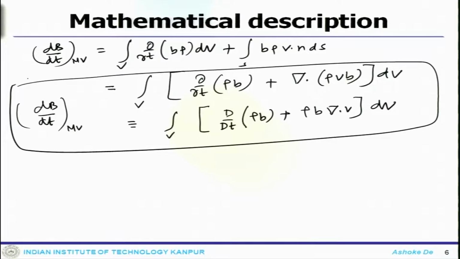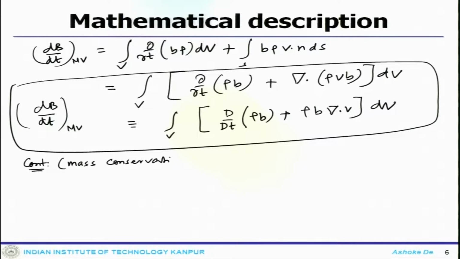Now, from here we can actually get the different governing equations. So, the first thing that we will get is the continuity equation or the mass conservation equation.